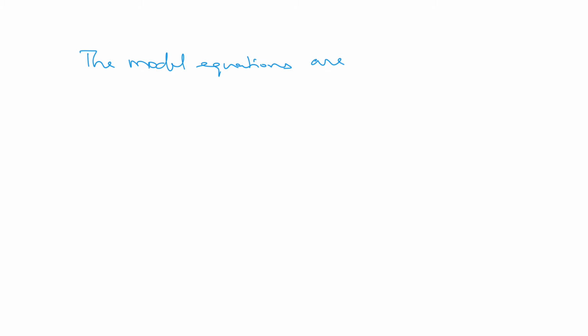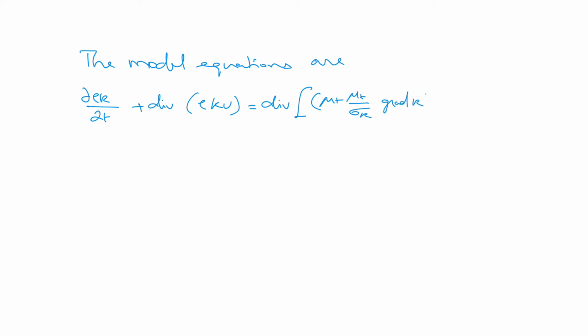The model equations are dou rho k by dou t plus divergence of rho k u equals divergence of mu plus mu t by sigma k gradient of k, plus production term, then you have the dissipation term.